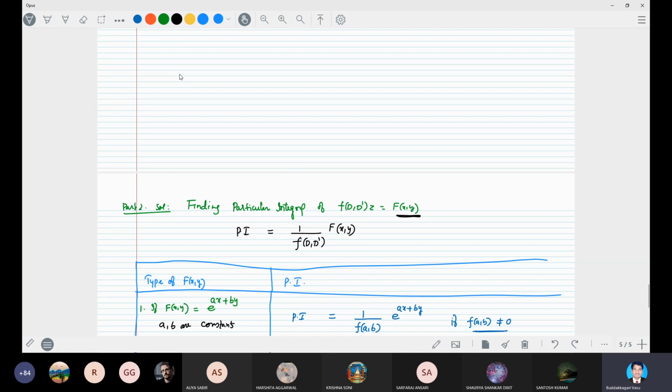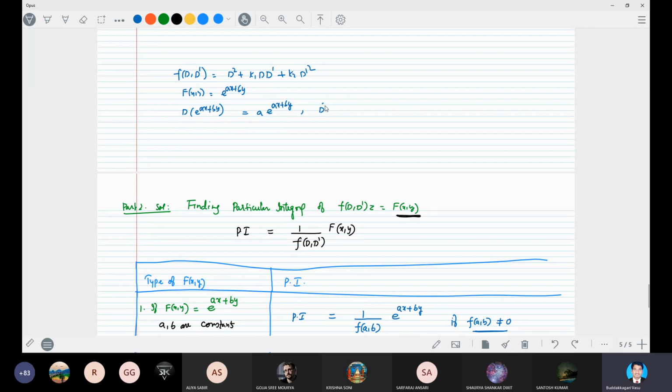Take f(D, D') equal to D square plus k1 D D' plus k2 D' square, as we considered earlier. Now when f(x, y) is e power ax plus by, D of e power ax plus by is a into e power ax plus by.